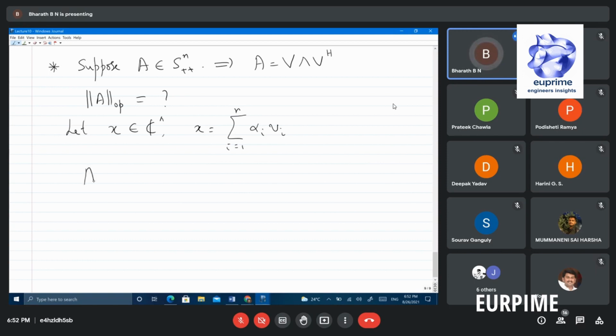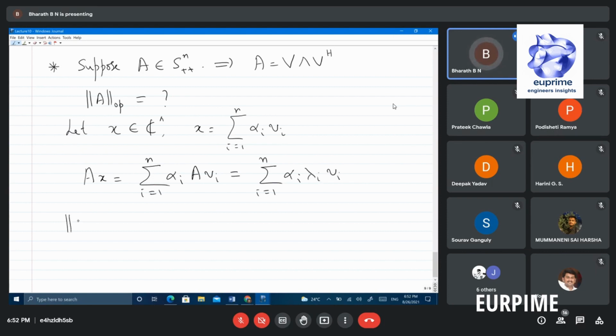So what is Ax now? Ax is sum of alpha_i A v_i. What is A v_i? v_i is an eigenvector of A, right? So A v_i is alpha_i lambda_i v_i. Okay. I'm looking at the norm of this, right?